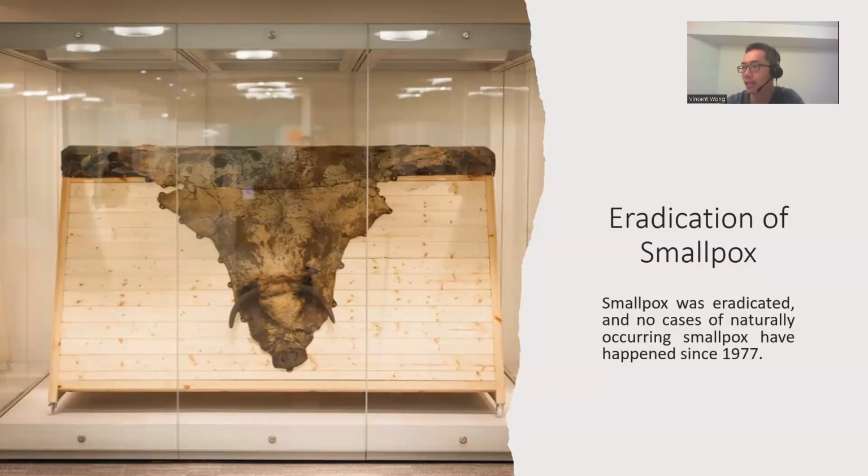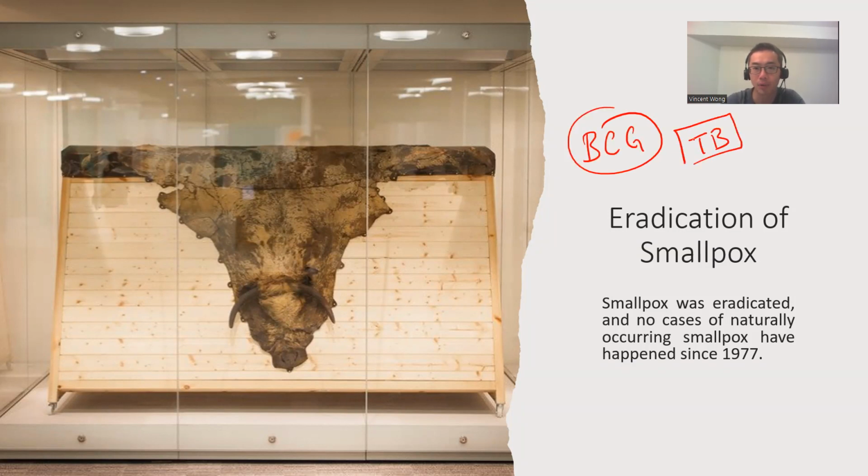BCG. That's right. What's a BCG vaccine? What disease does it protect you from? Tuberculosis. That's right. The BCG vaccine is given to protect you from tuberculosis, or TB. Tuberculosis is a bacteria that infects the lungs and gives you this nasty cough, and it's not good. Many of us are vaccinated for TB using the BCG, but the BCG is actually the cow version of the disease.